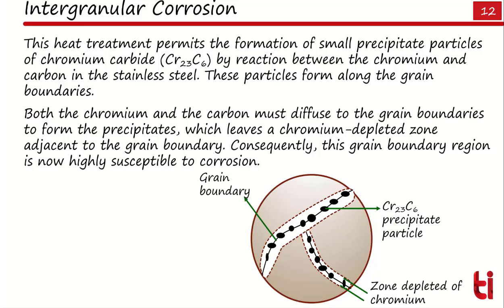The chromium and carbon diffuse from the material into the grain boundaries and form chromium carbide particles, which preferentially get deposited on the grain boundary. This results in the region surrounding the grain boundary being depleted with chromium and makes them susceptible to mechanical failure.